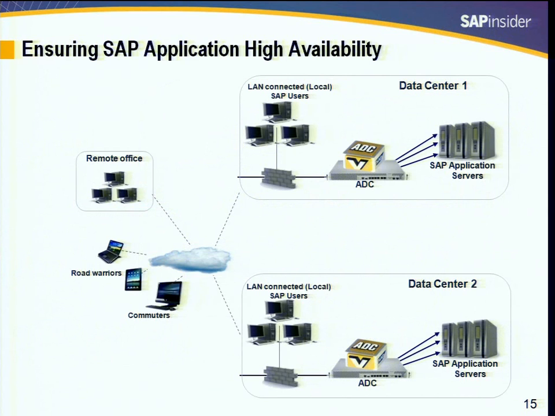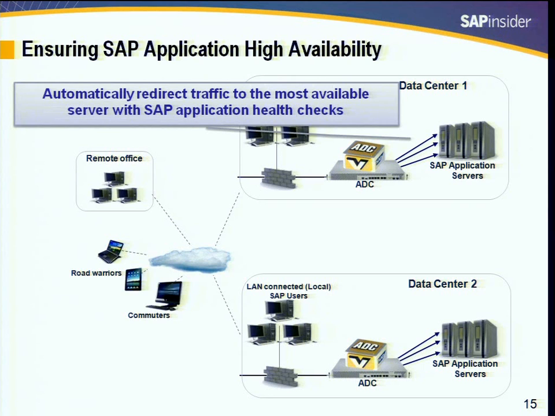In this instance there are two data centers, with multiple instances of SAP application servers, NetWeavers for example. There are users from branch offices, from remote access, and also local users of these offices. So you have ADCs deployed in front of these servers, and there are a couple of ways that you can make sure that users are automatically redirected.